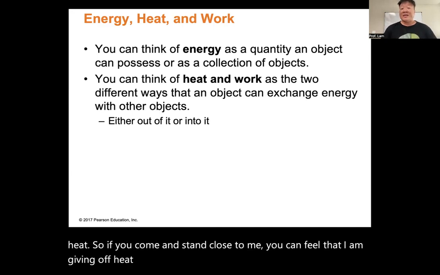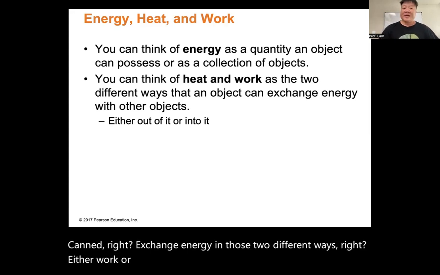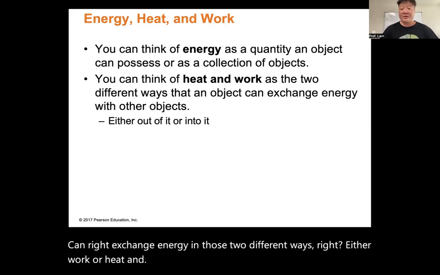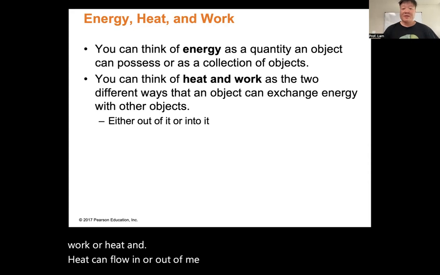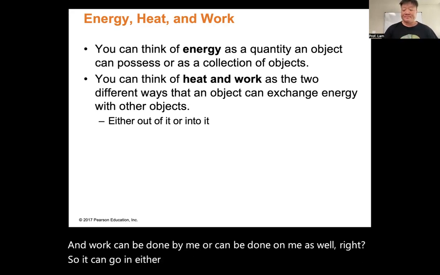So any object can exchange energy in those two different ways, either work or heat. Heat can flow in or out of me, and work can be done by me or on me as well. So it can go in either direction.